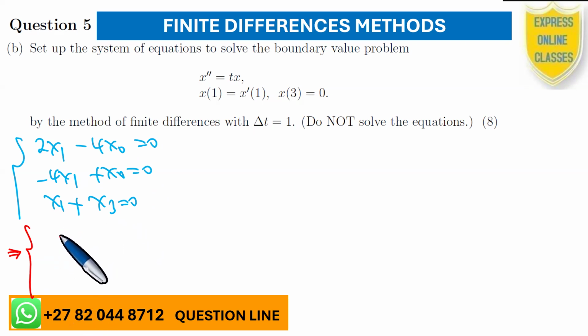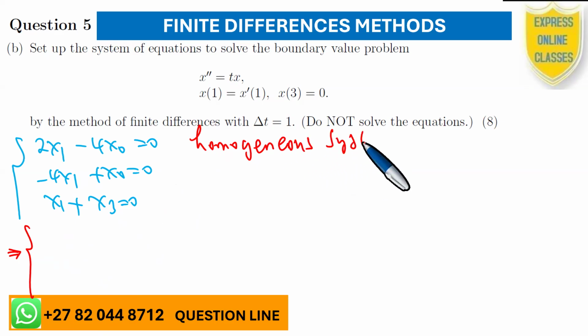Yeah, but this one is a homogeneous system. Right, it is clearly a homogeneous system. We expect it to have a trivial solution.